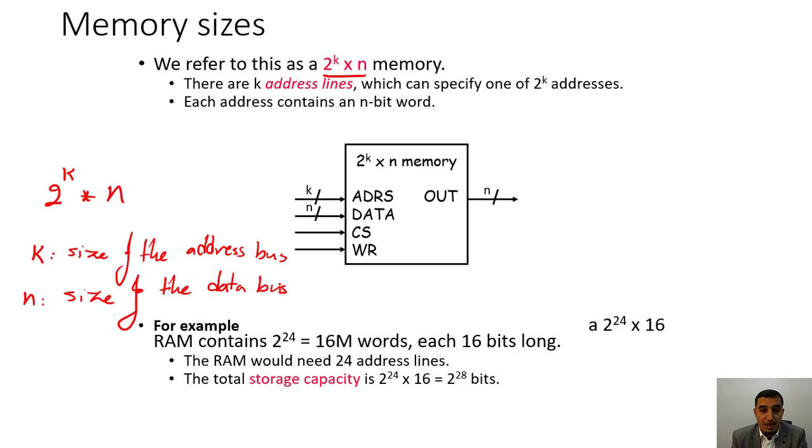So we have k and n. There are k address lines which can specify one of 2 to the power k addresses in RAM.